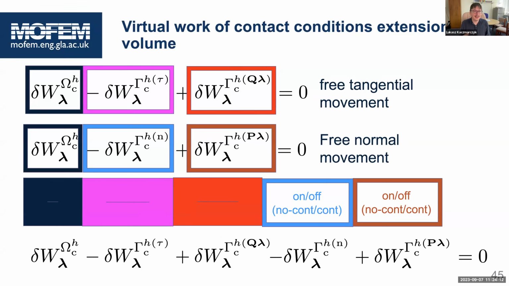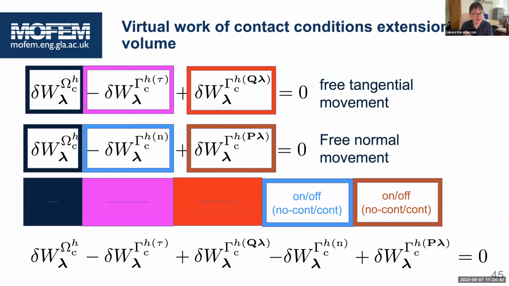When the contact happens, some C functions switch off the functions associated with the boundary integral, and this prevents the penetration.